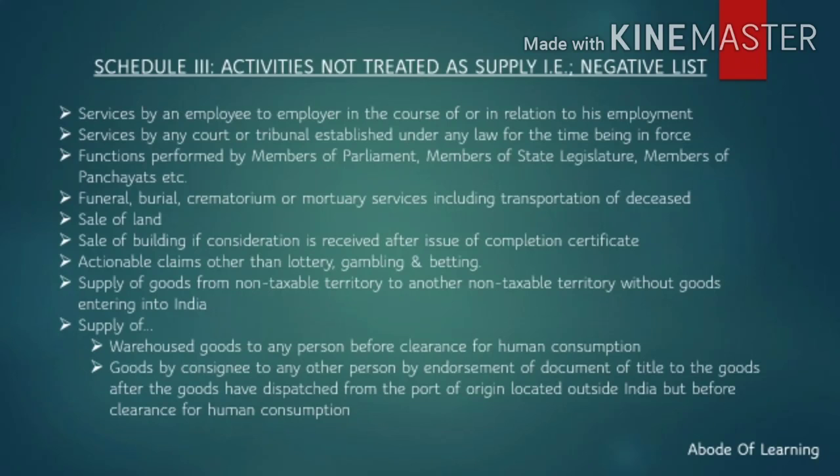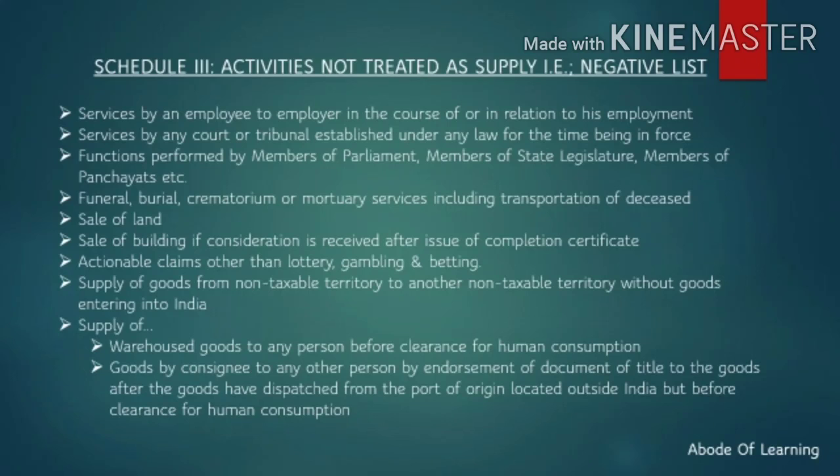I'll give an example. Let's say you are importing goods from Dubai and it has not reached the port yet. Before it reaches India, you are transferring the title of goods by endorsement to another person, let's say to one Mr. Harish.